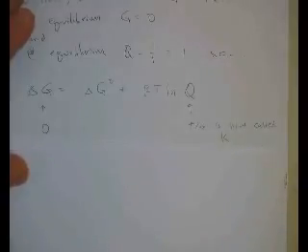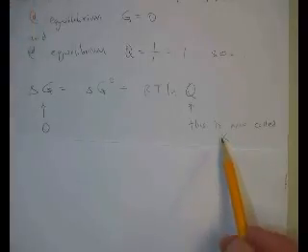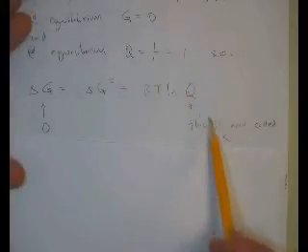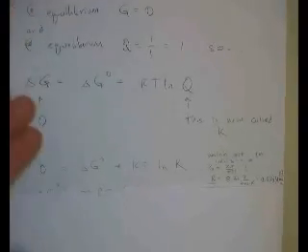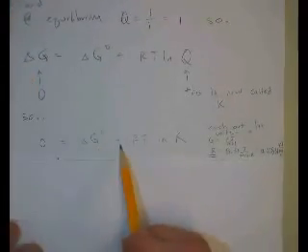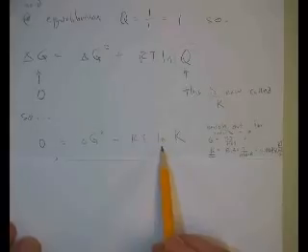Q is now called K, the equilibrium constant, because we're at equilibrium. And so we can replace Q with the letter K. And so we can say 0 is equal to delta G circle plus RT natural log K.